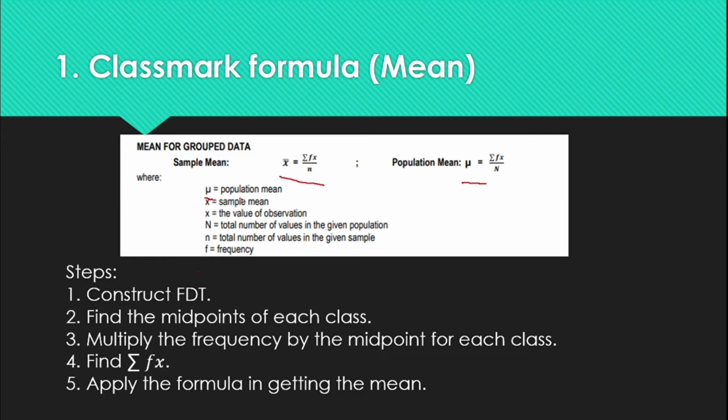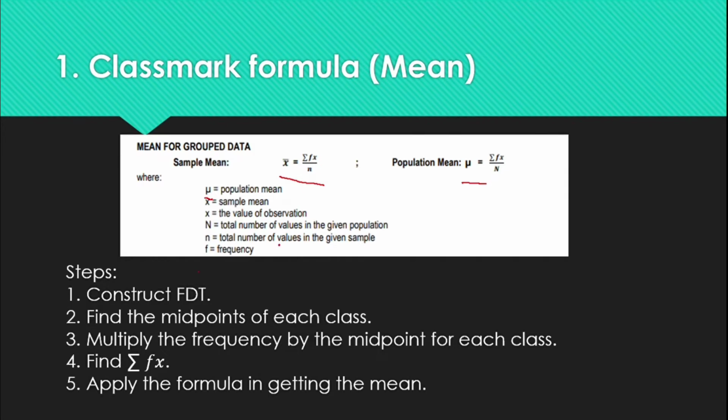This x is the value of observation, which is the class mark. Then multiply the frequency by the midpoint for each class, find the summation of fx, and apply the formula in getting the mean. This is the summation of frequency times the midpoint or the class mark.